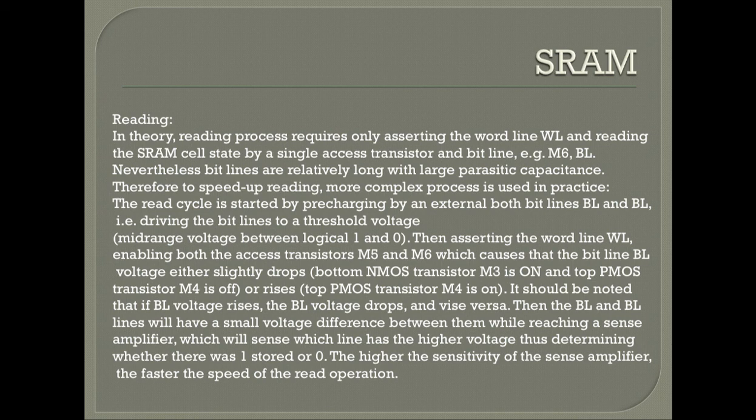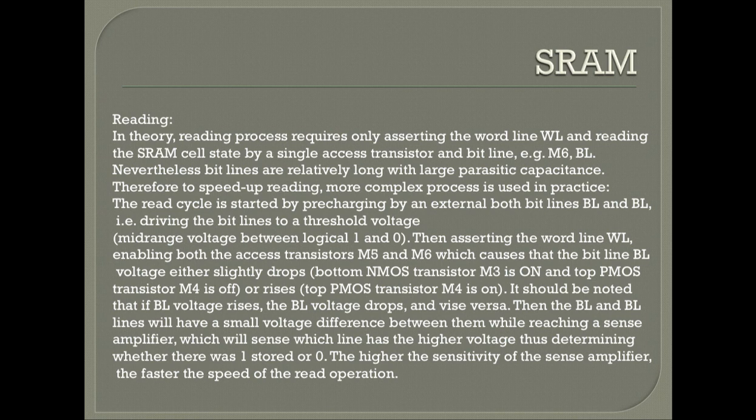The read cycle is started by pre-charging both bit lines, BL and BL-bar, driving them to the threshold voltage, the mid-range voltage between 1 and 0. Then asserting the word line, enabling both the access transistors M5 and M6, which causes the bit line voltage to either slightly drop, with the bottom NMOS transistor M3 on, or rise, with the top PMOS transistor M4 off.